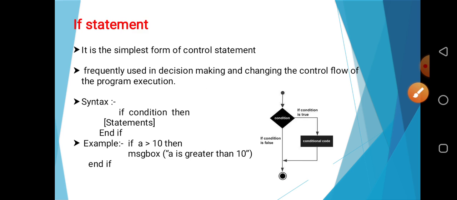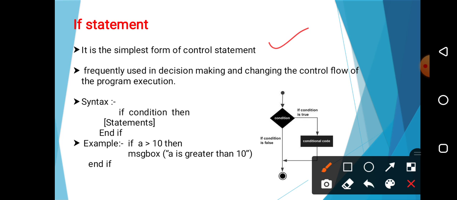The first one is the If statement. Students, the If statement is the simplest form of control statement. You are just checking whether the condition is satisfied. If it is satisfied, or true, then go to the block of statements and stop over there. It is used in decision making and changing the control flow of program execution.